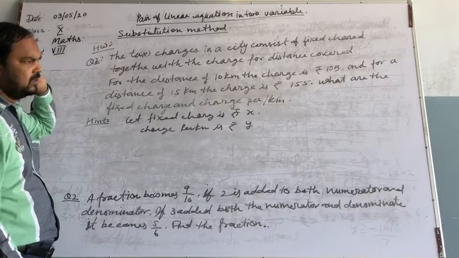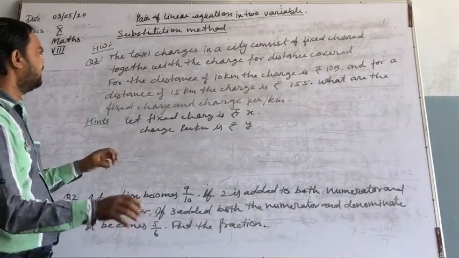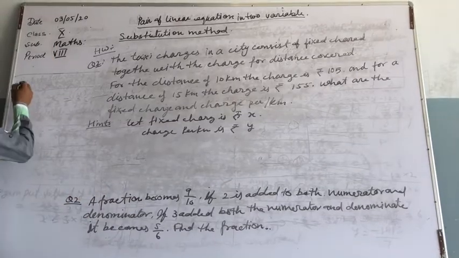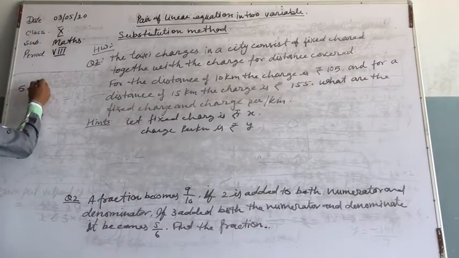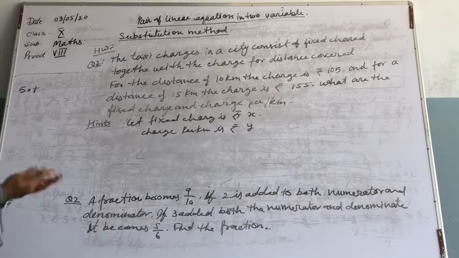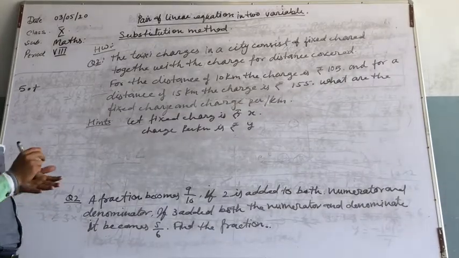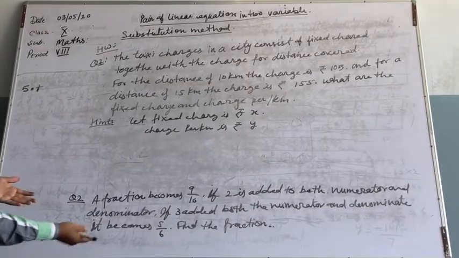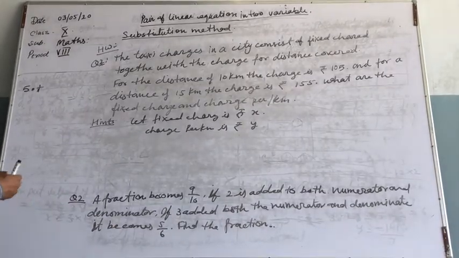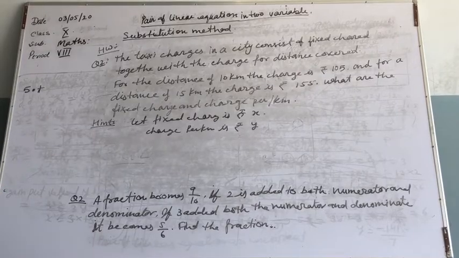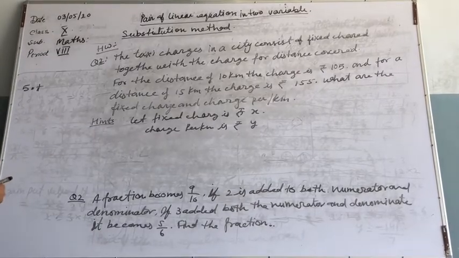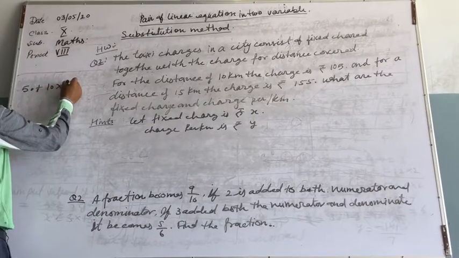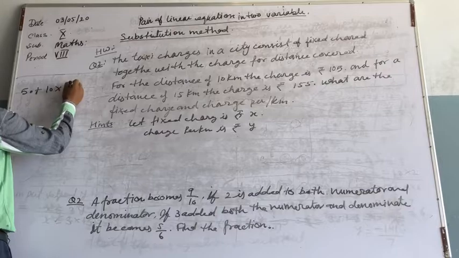It has a rule: if you pick up a taxi, then a fixed charge, like rupees 50, is charged whether you travel or not. If you book a taxi, the driver will charge you 50 rupees. When you travel, the taxi will charge according to the distance traveled. Suppose the rate is rupees 25 per kilometer.